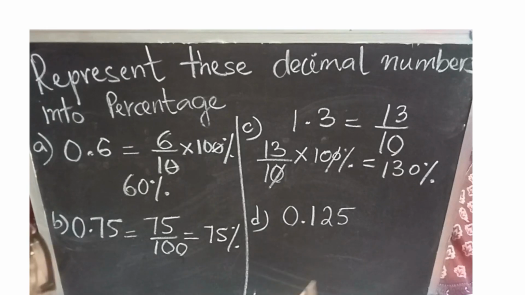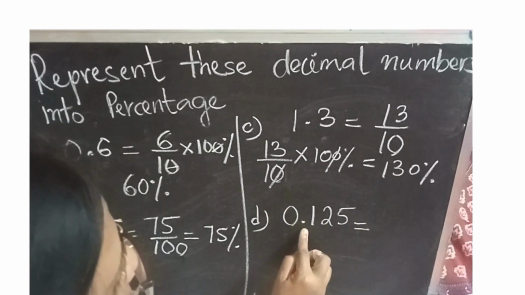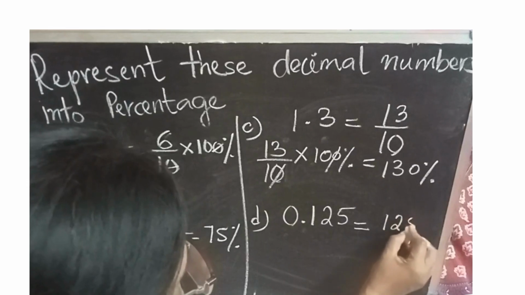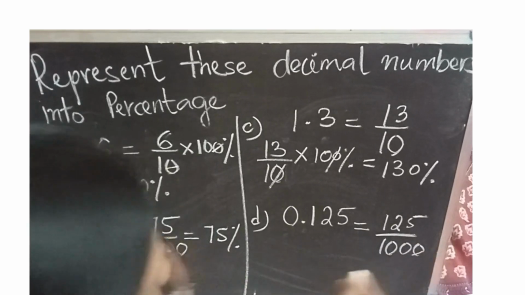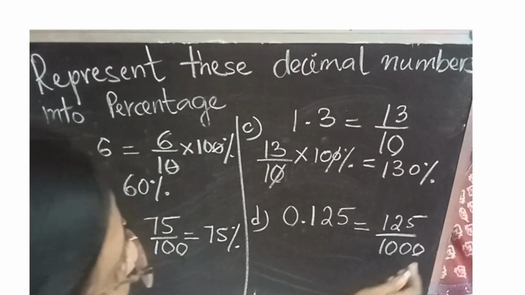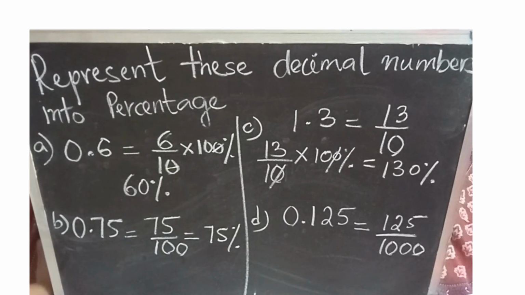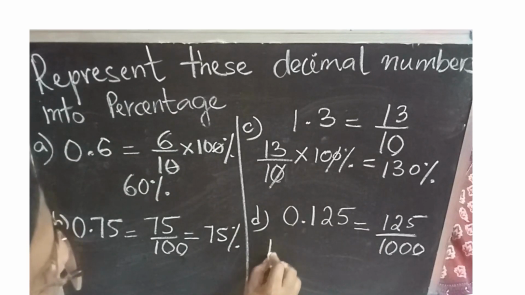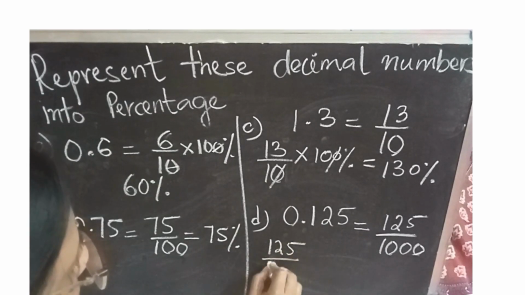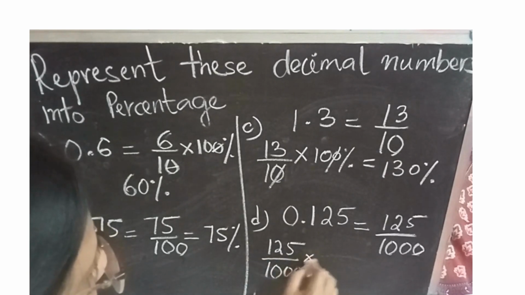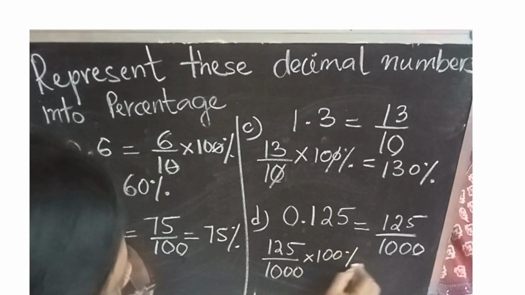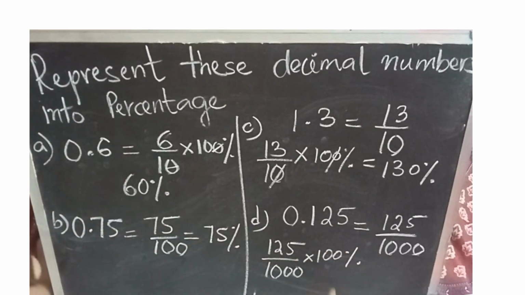Next sum, let us convert this into a fraction. 125 upon 1000. Now this fraction, let us convert it into a percentage by applying the second method, that is multiplying it with 100.